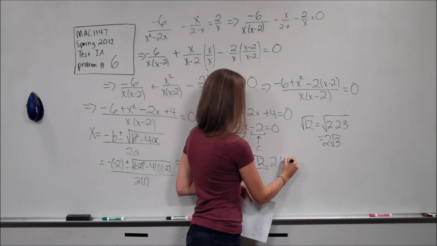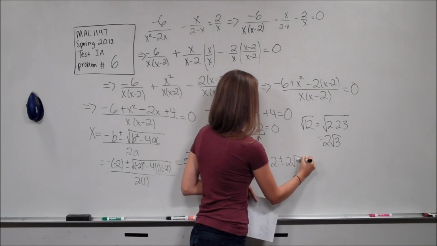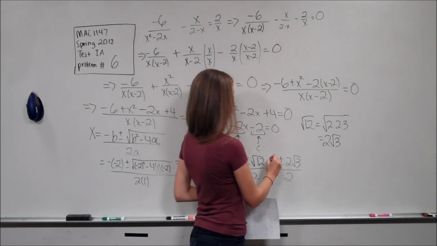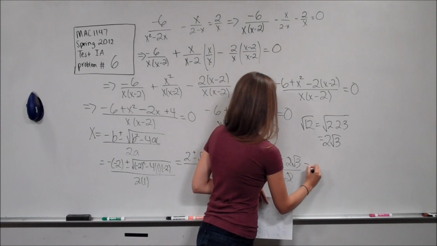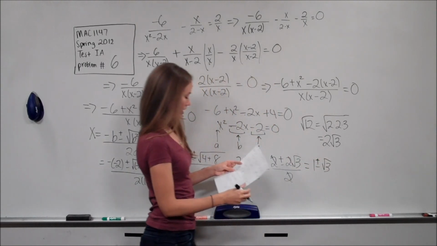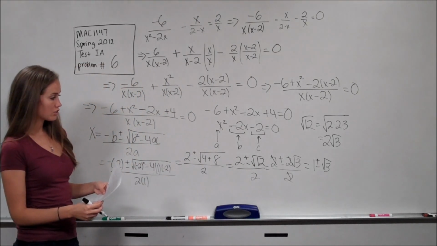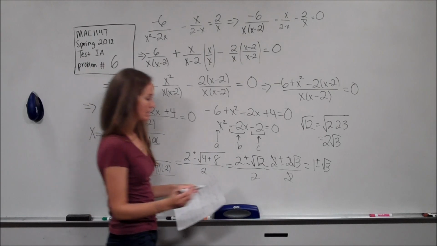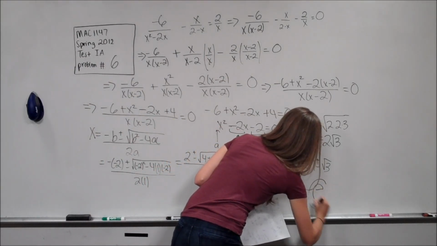So then this becomes 2 plus or minus 2 square root of 3 all over 2, and then all of our 2's cancel out. So what we're left with is 1 plus or minus the square root of 3, and that is our final answer, and the only answer choice that gives us that is E. So E is our final answer for number 6.